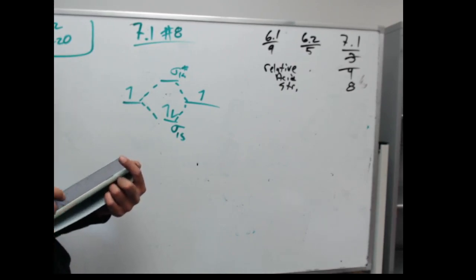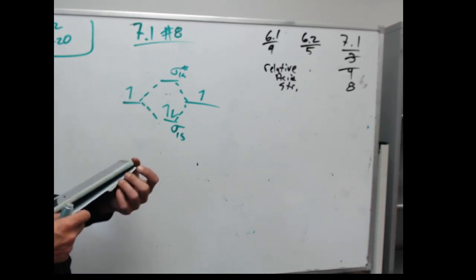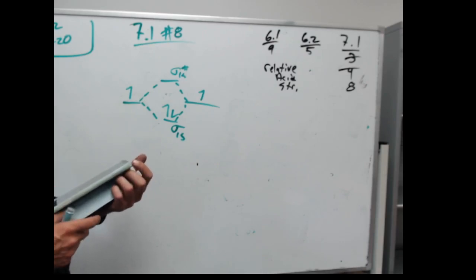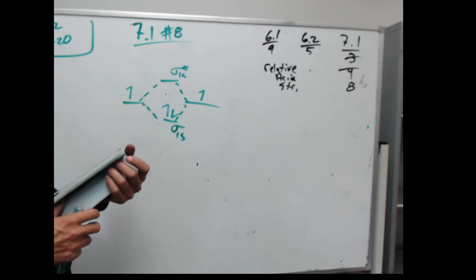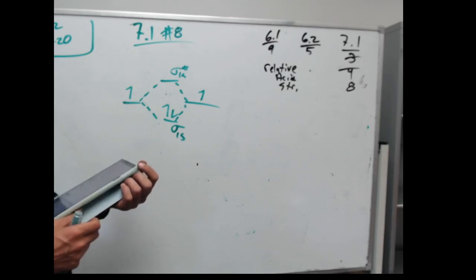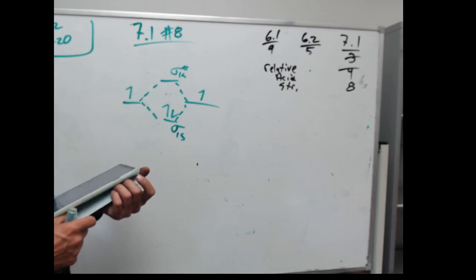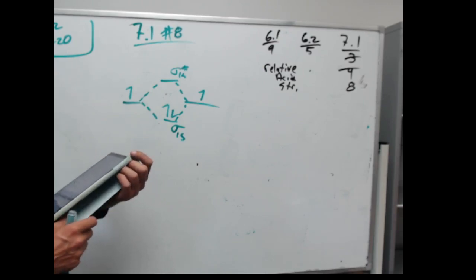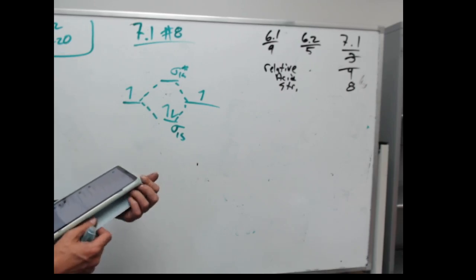Next: will removing an electron increase or decrease the bond strength? It's key terms. The problem with that problem is some instructors in 127 cover paramagnetic and diamagnetic, and some don't.